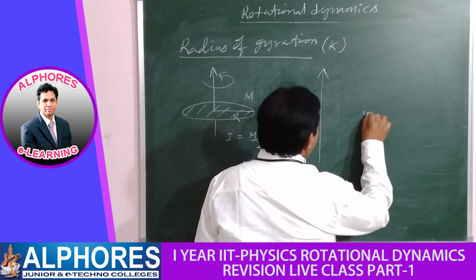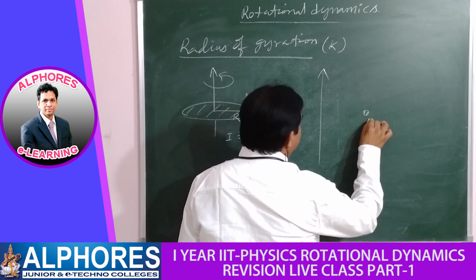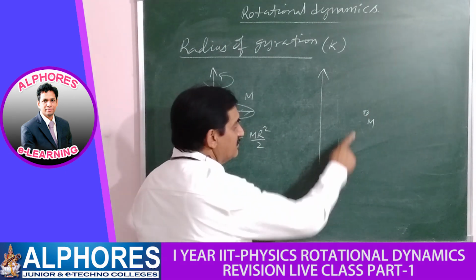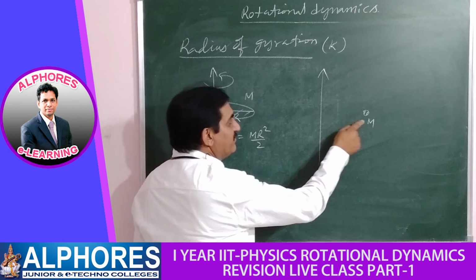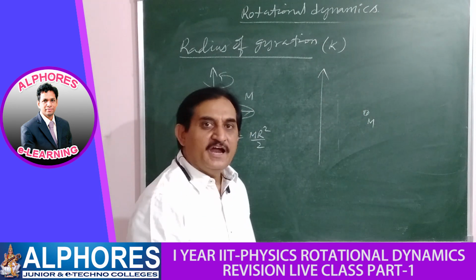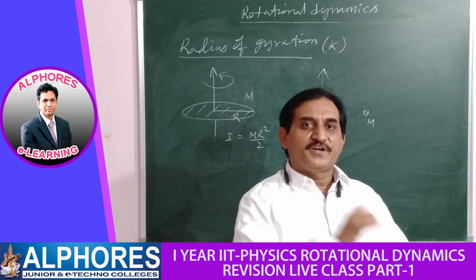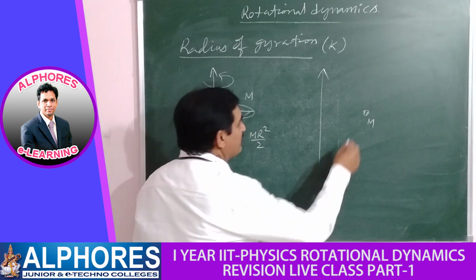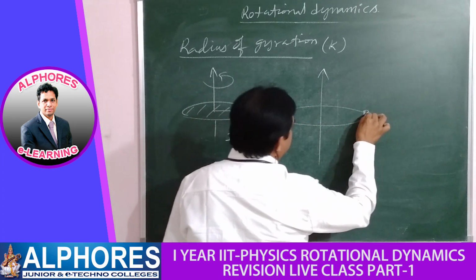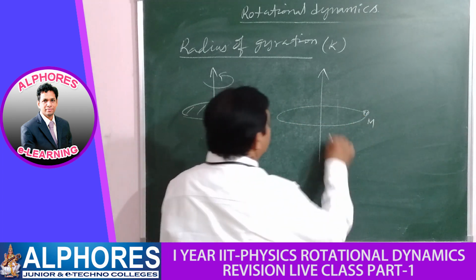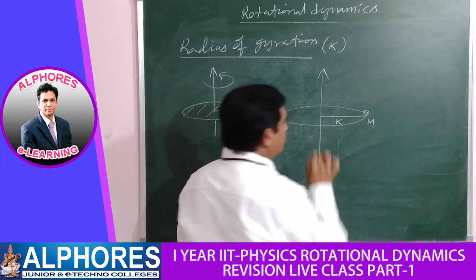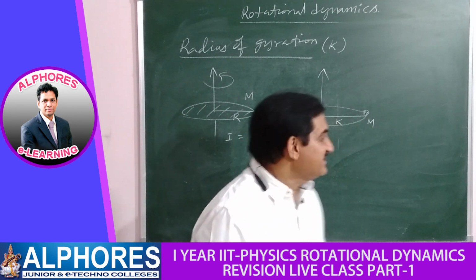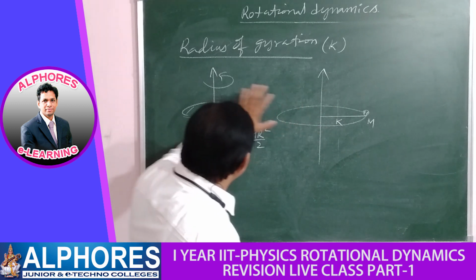See here, this total disc is converted into a point mass, which is going to move in a circular path about this fixed axis at a distance k, to have the same moment of inertia as that of this disc.